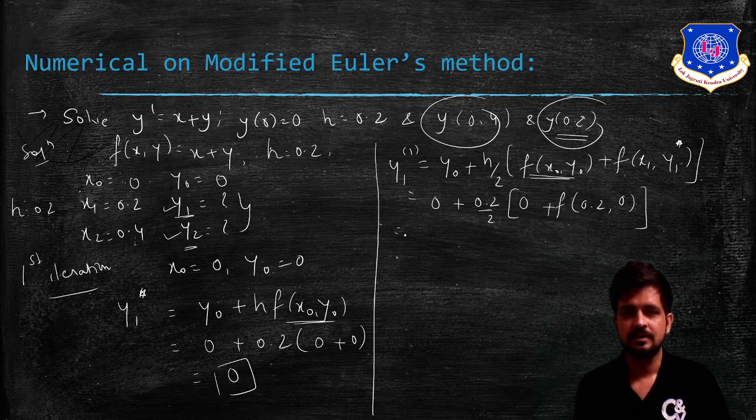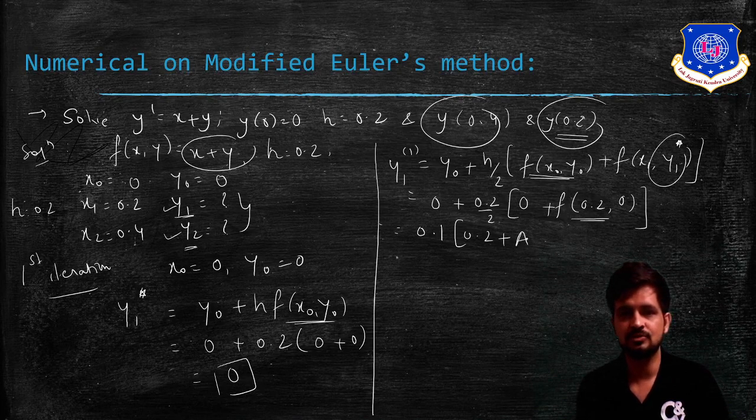Okay. See here, you can again use the calculator technique. Here f of 0.2 comma 0, that means what? The value of x is fixed and here we have to continuously change the value. So we will start from 0. Instead of 0, let us write answer.